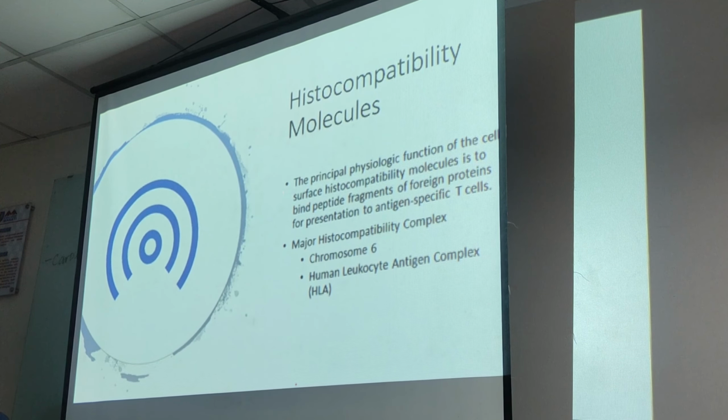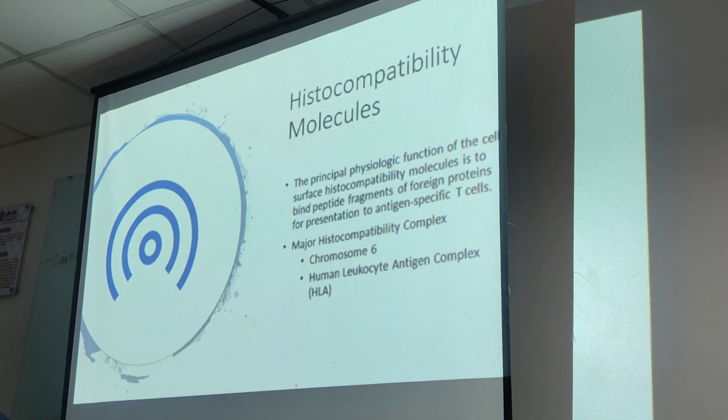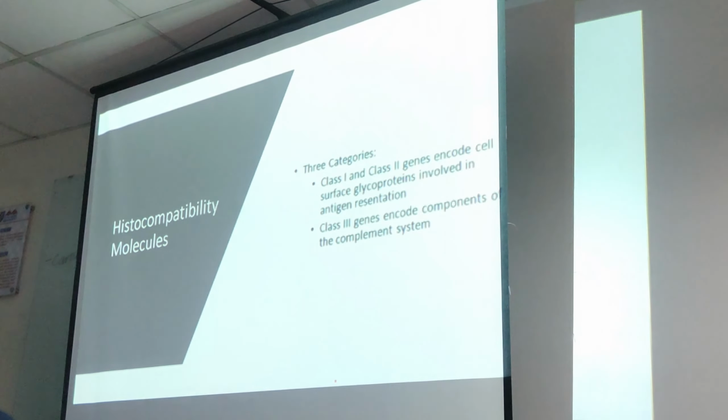Therefore, what are MHCs? So MHCs are basically important molecules where the principal physiologic function is to bind peptide fragments of foreign proteins or pathogens for presentation to antigen-specific T cells. Its expression is on chromosome 6. It's also called HLA.